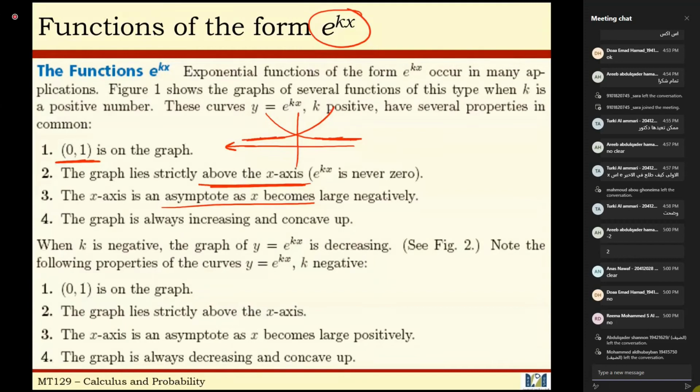But if k is negative, we have decrease. For example, if we have e to the power x or 2x, this is increase. If we have k negative, for example -1, we have decrease. This is e to the power x, increase, and this is e to the power -x, decrease.